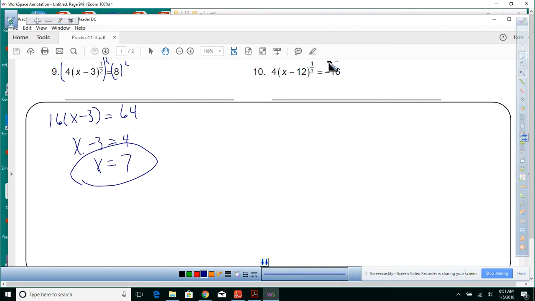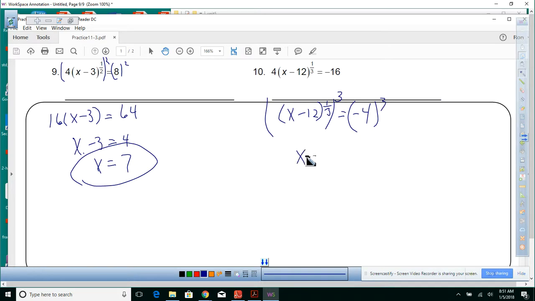Let's see, number 10. We're going to divide both sides by 4, and that gives us x minus 12 to the 1/3 equals negative 4. Now let's cube both sides so we can get rid of that 1/3.